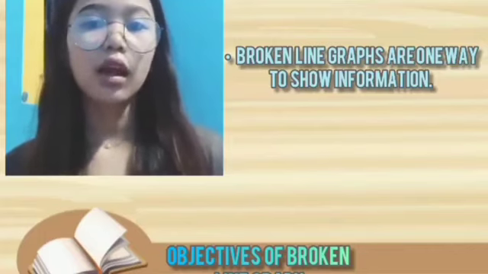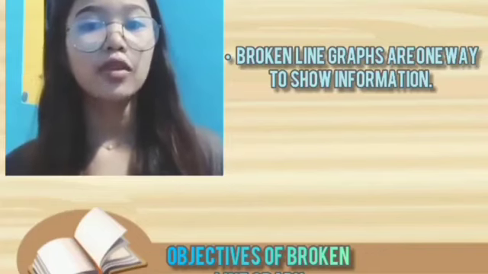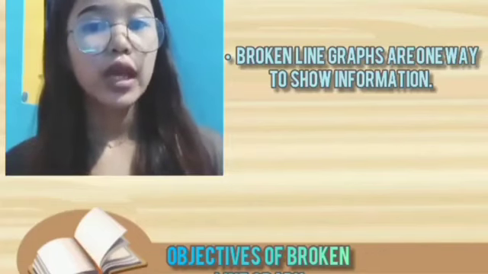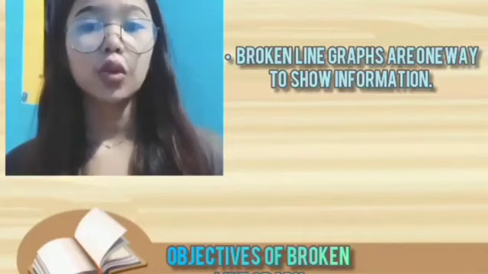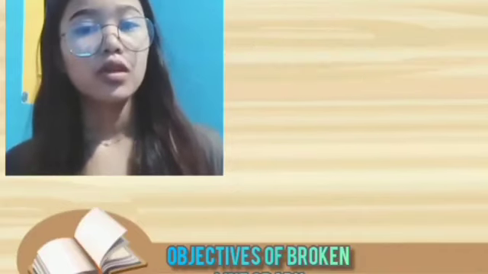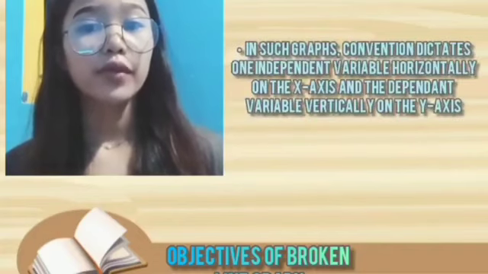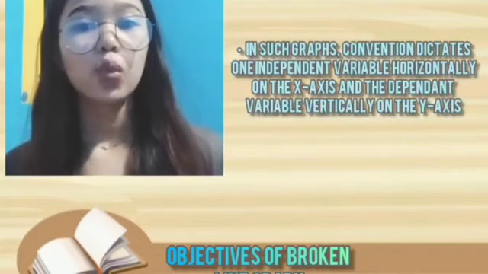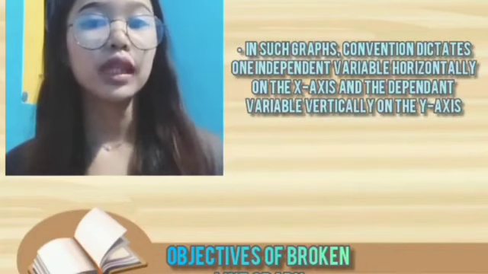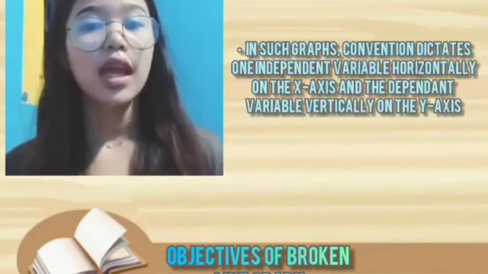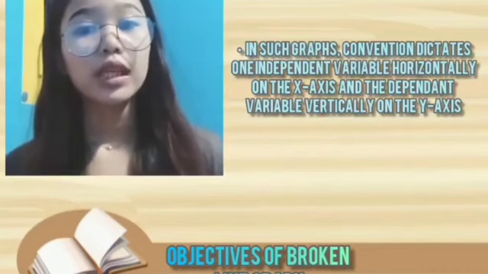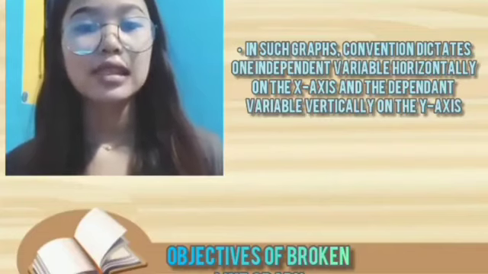The lines allow users to interpolate unknown data values between two dots representing known values. So the last one is, in such graphs, convention dictates one independent variable horizontally on the x-axis and the dependent variable vertically on the y-axis.